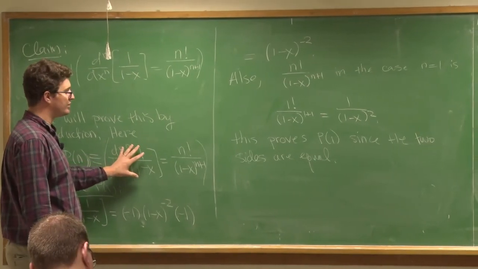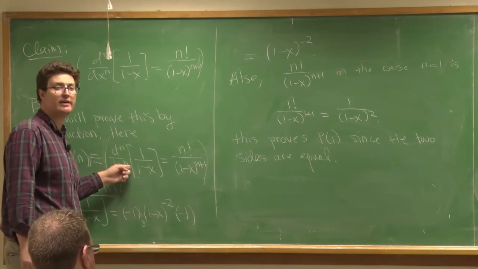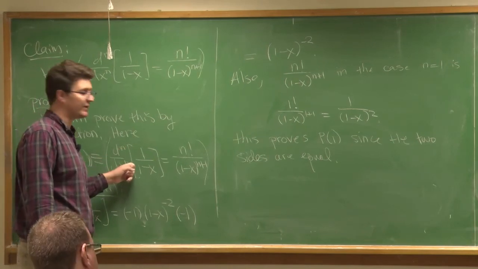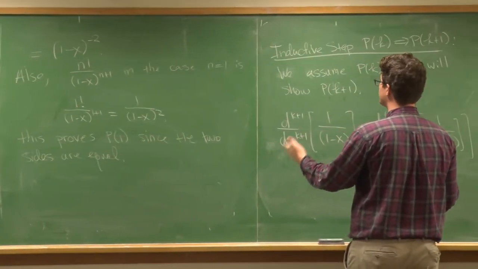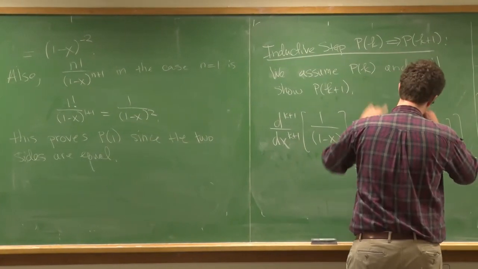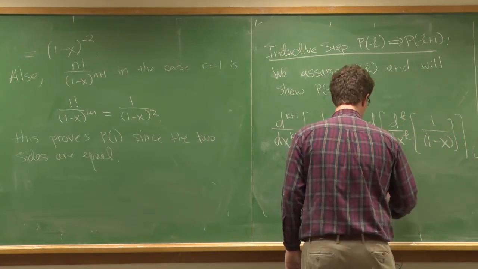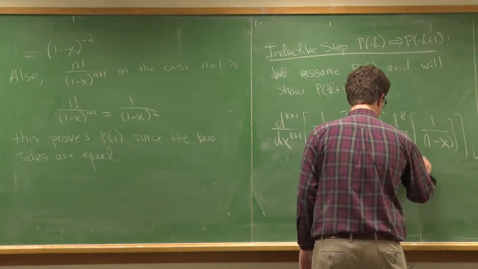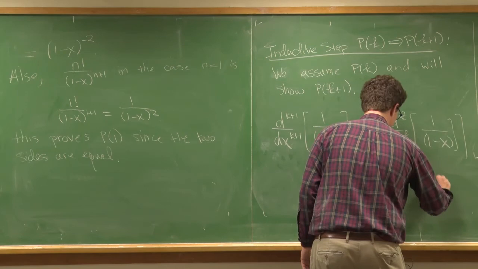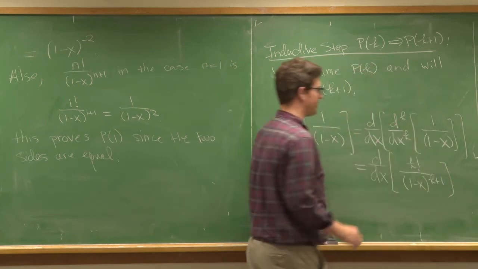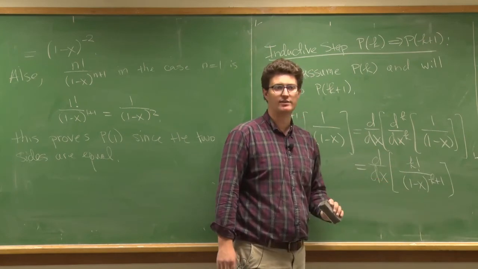So I can use the inductive hypothesis that this formula holds when n is equal to k. So this is the part that kind of looks like I'm cheating, but I get to use it because I'm assuming Pk, because that's part of this inductive strategy, right? So this part here is applying the inductive hypothesis. So this is k factorial over 1 minus x to the k plus 1. I have applied the inductive hypothesis that gives me that this thing is equal to this thing in the case that n is equal to k.